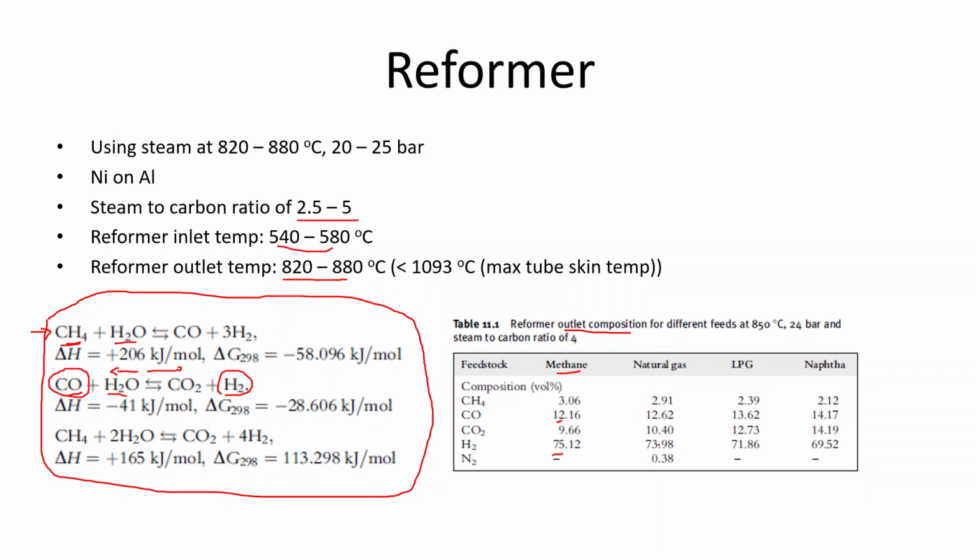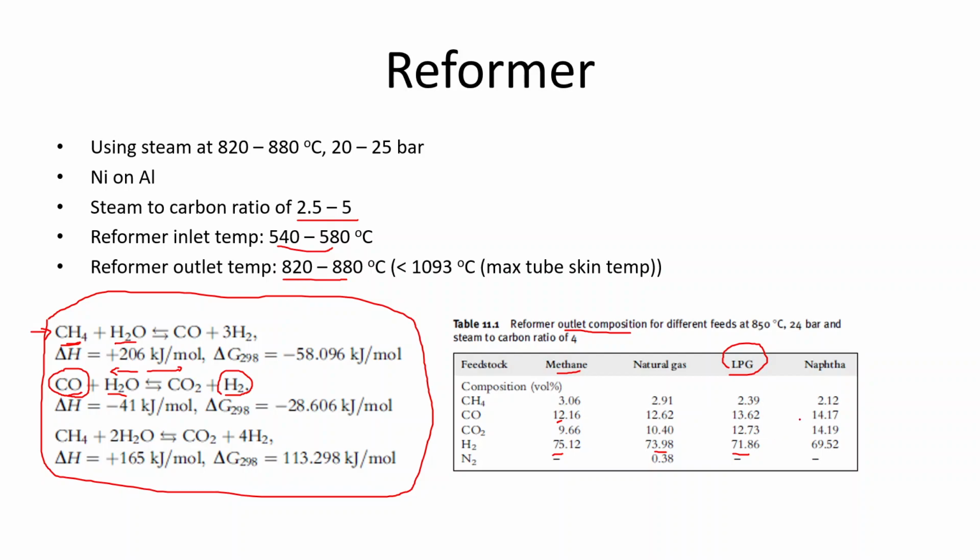Outlet compositions, if we have an LPG, so we could also use LPG, C3 and C4. Obviously because it's C3 and C4, we produce a lot more C components in this case than CO and CO2. But we have comparable concentrations of hydrogen.